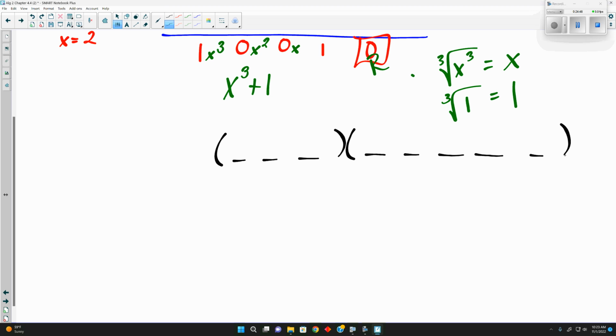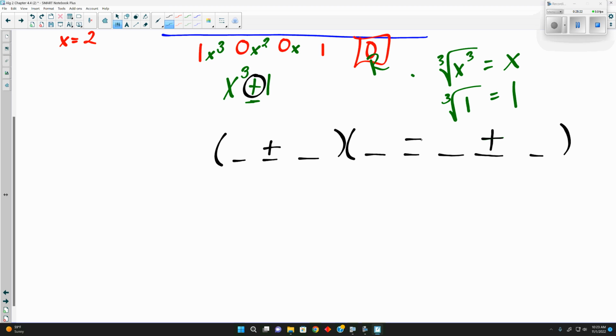Our signs: how do the signs go? Same, opposite, always end on a positive note. So I know that this one down here is going to be plus. But the same, so what did we start out with this time? Plus, so the same would be plus, opposite of plus would be negative. So it's almost the exact same, except the signs are different.